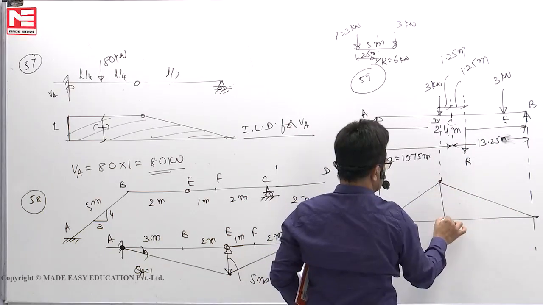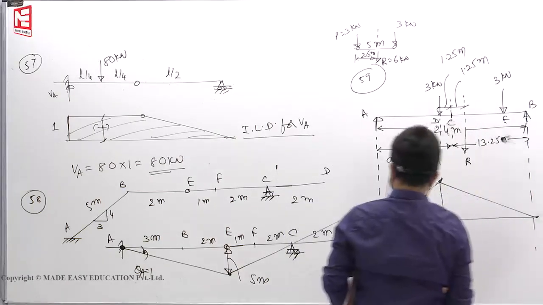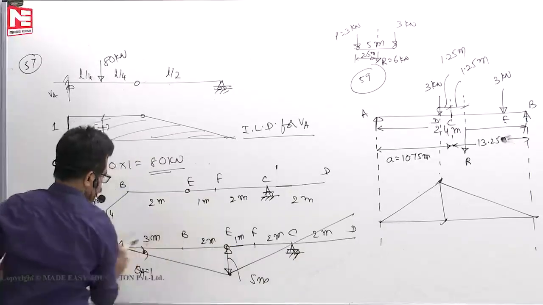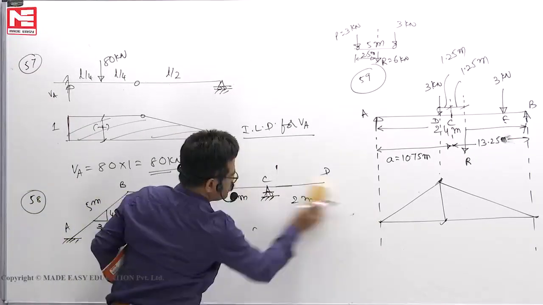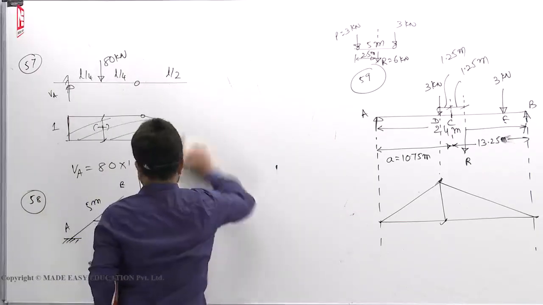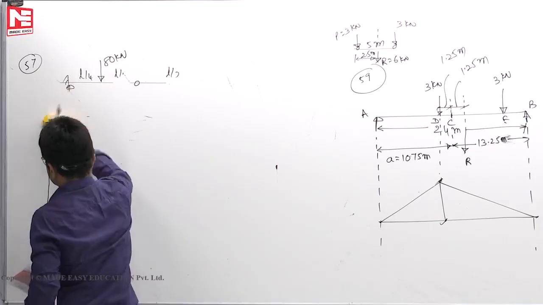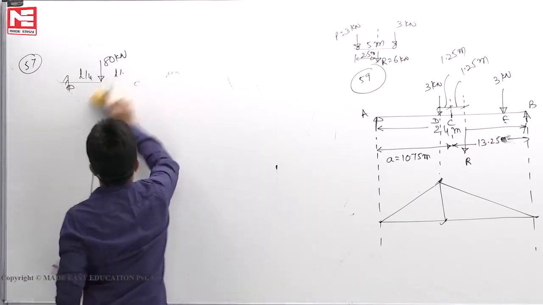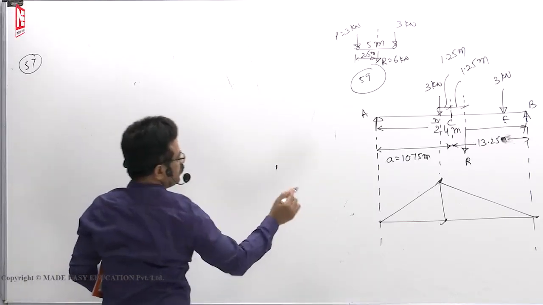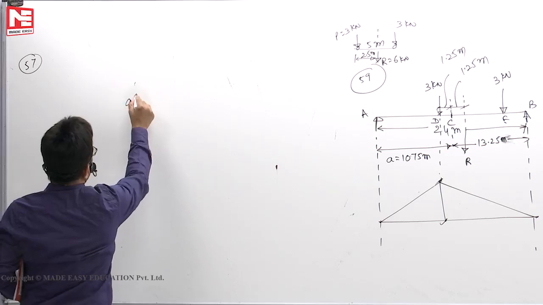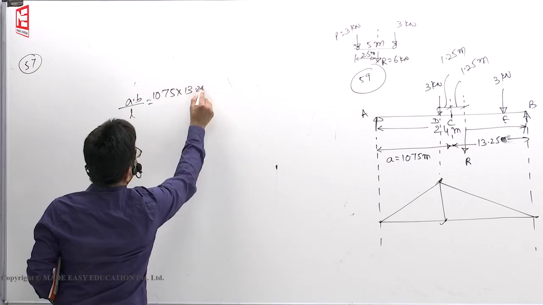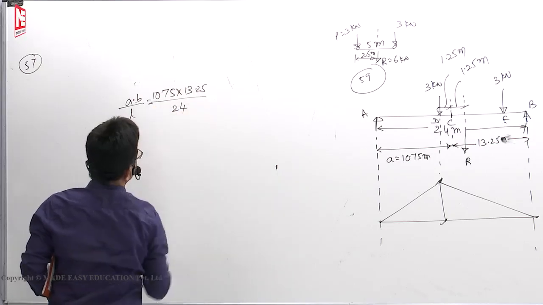Okay. So this ordinate you will get AB by L. I'll show here. I remove this part. This I think all of you have understood. Now, if I take AB by L ordinate, A is 10.75, B is 13.25 divided by 24.